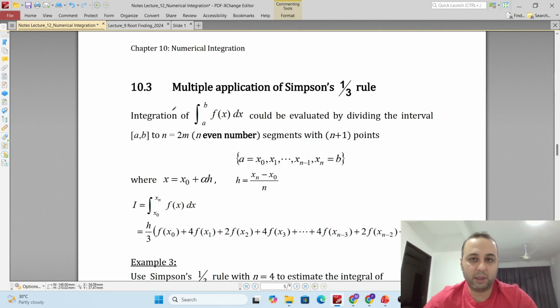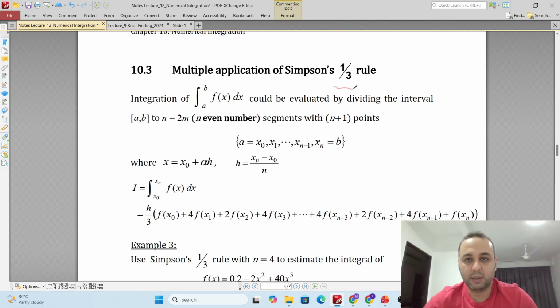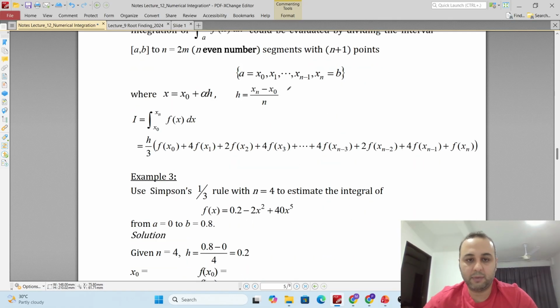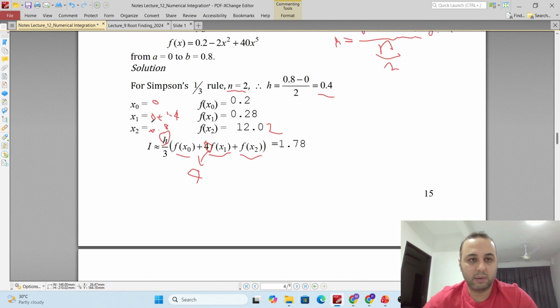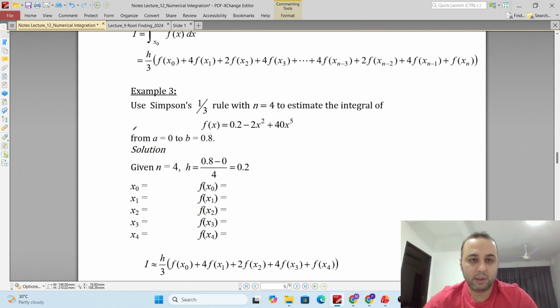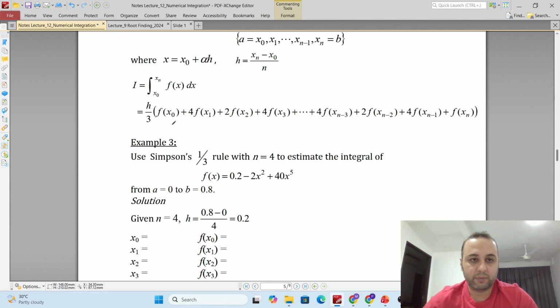Okay, but what if we have multiple points? Still Simpson 1 over 3. What we have if multiple points means more points? In that case, h over 3 is still the same. In the bracket, the difference is the mid ones. For example, the first one has 4, number 2 has 2, again 4, again 2, again 4, again 2, right?